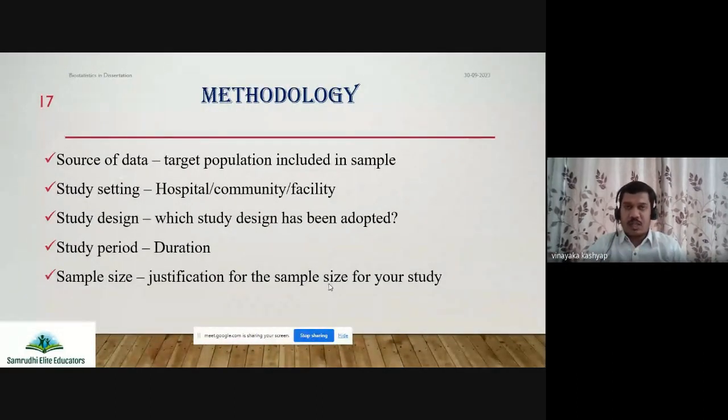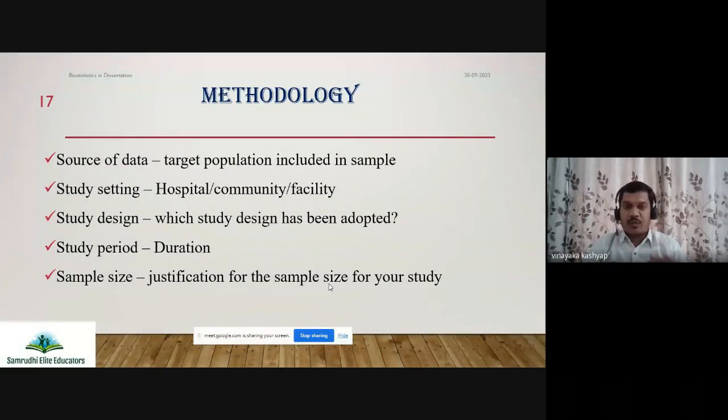Third justification is, for example, you are going to study the incidence of appendicitis or the incidence of colon cancer, colorectal cancer, in a tertiary care hospital. What you will do is state the number of cases or patients that you get in your hospital on average for the last 3 years. Based on the data available in your hospital registry or in the MRD department, the average number of patients of this particular disease you get is somewhere around 50 or 60.